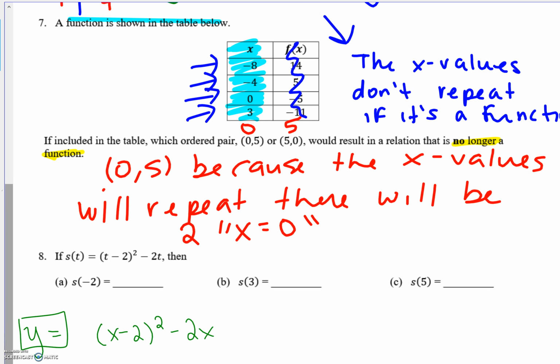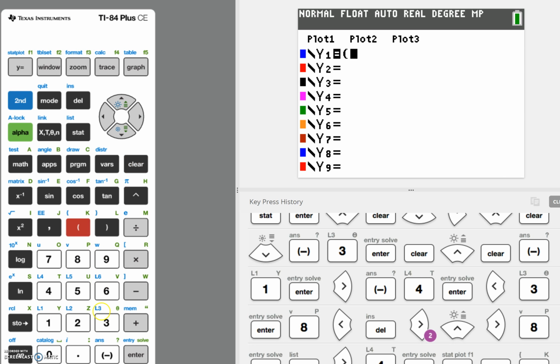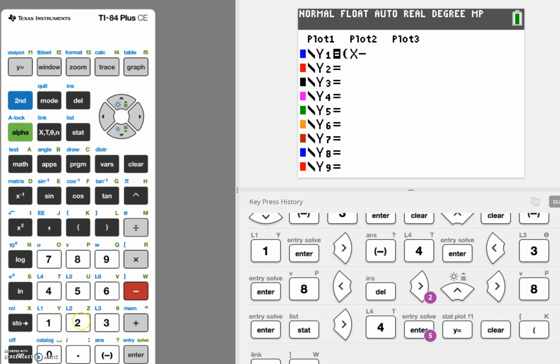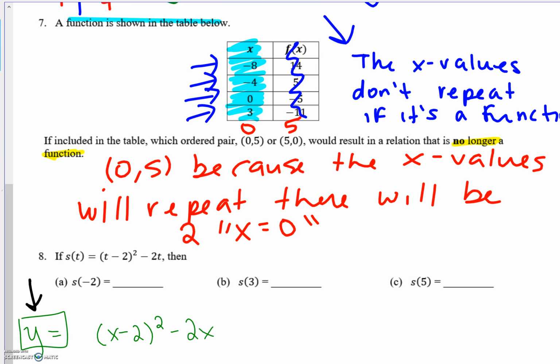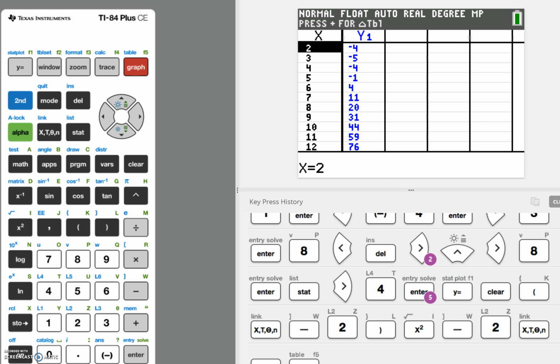For number 8, it's saying if s of t equals (t minus 2) squared minus 2t. Remember, if we have an equation, we're using the y equals button. I know that you're not used to typing in t's and other variables, so we're just going to use an x in this case. So y equals, we're going to type it in exactly how we see it: (x minus 2) squared minus 2x. We're pulling up the table.